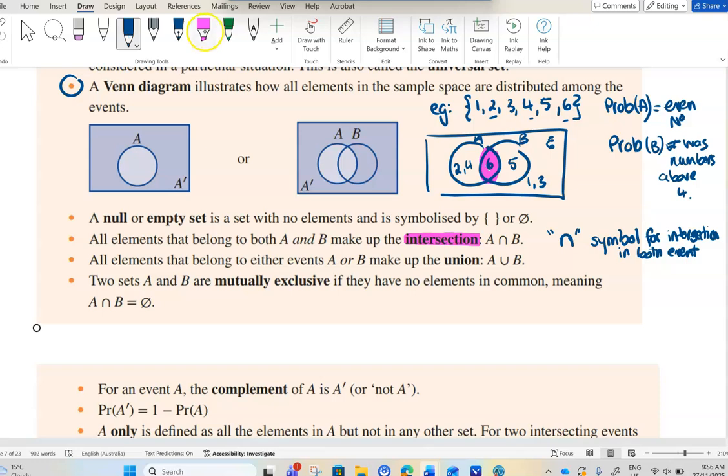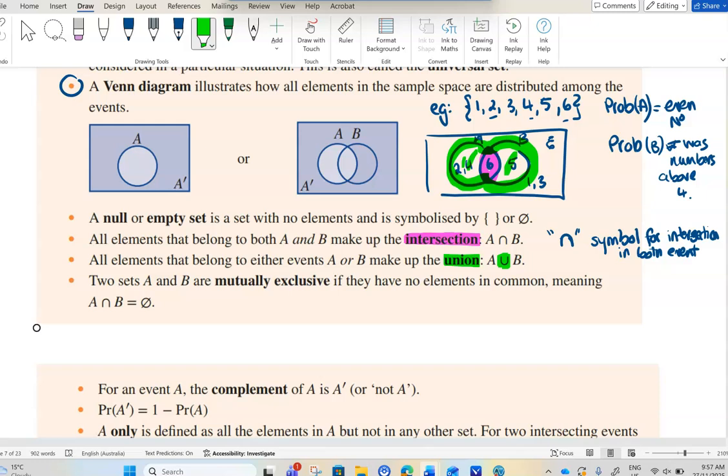Then we have the other one, the union. You can remember union because it's the U, the up way. The union is all of it, so all of A and B. So the union is that one.